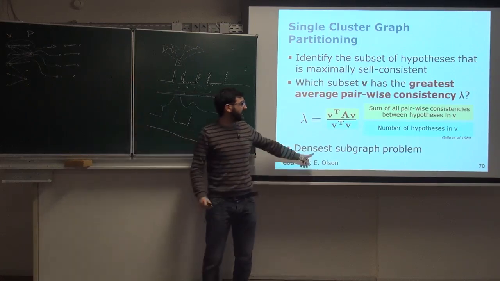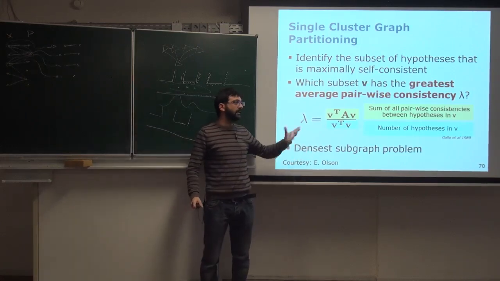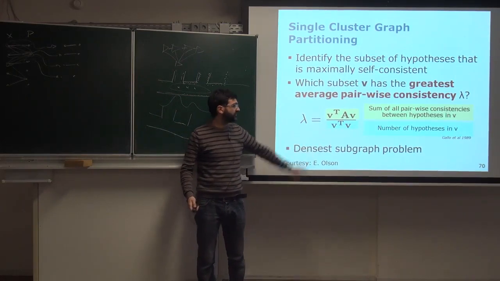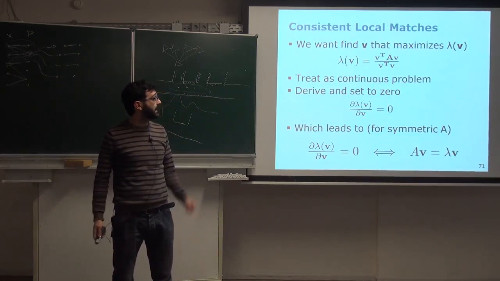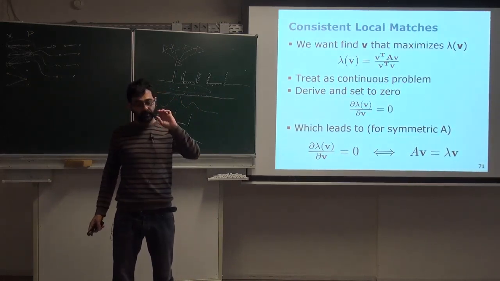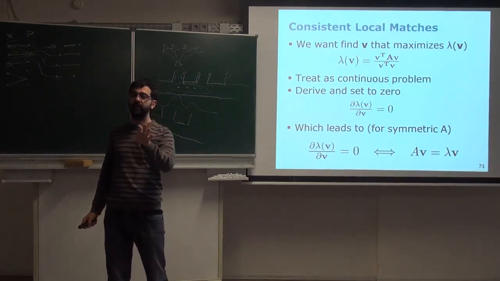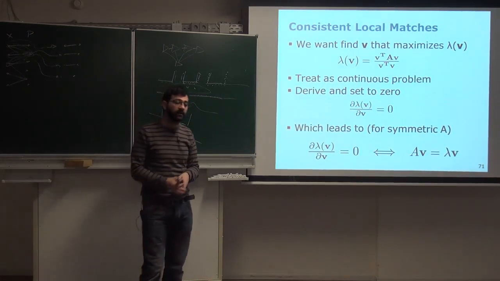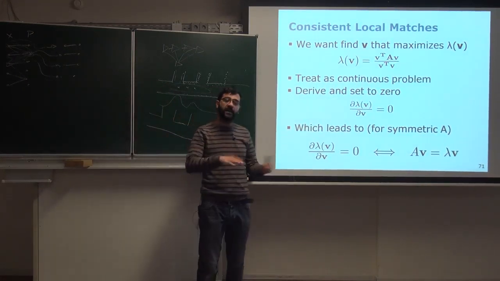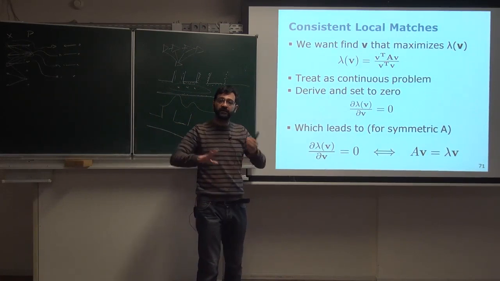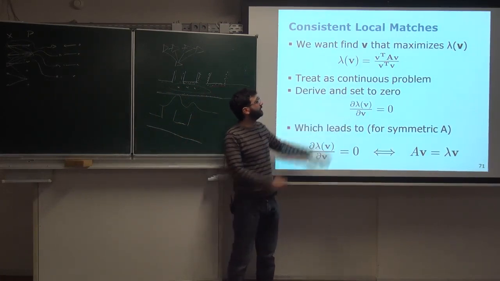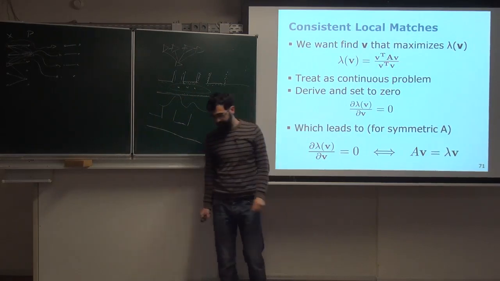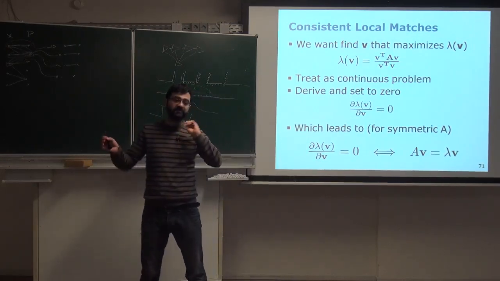To have a solution for that, what people can do is to just relax the original problem. It's the typical trick for going from NP-hard to something which is tractable but an approximation. You just remove the fact that the elements of V must be either 0 or 1.